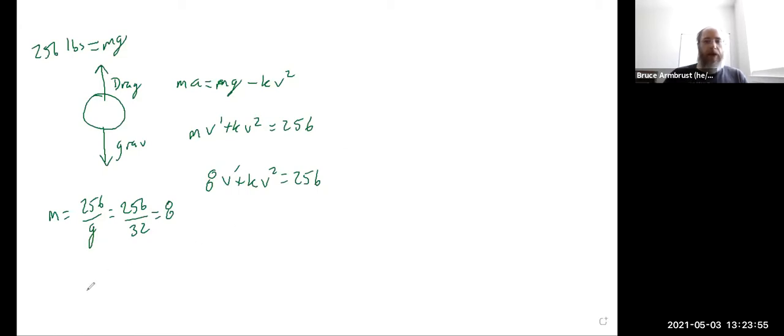But this is where we had a little more information, right? We were told that when v is 4, the drag was equal to 1 pound. So that means that resistive force, kv squared, so k times 4 squared, is going to equal 1. So that gives us k equals 1/16.